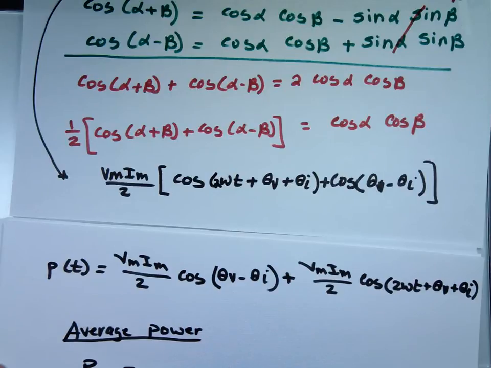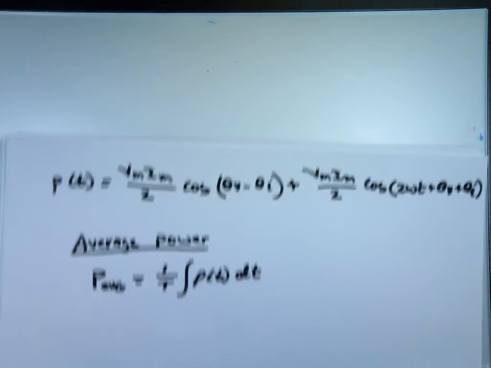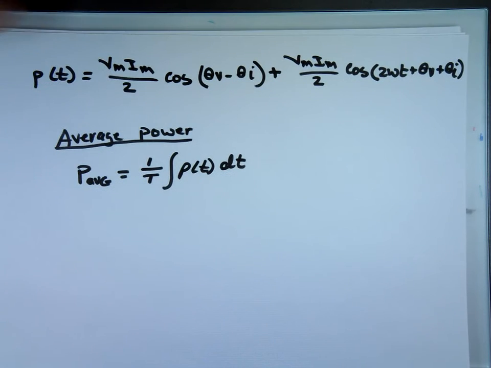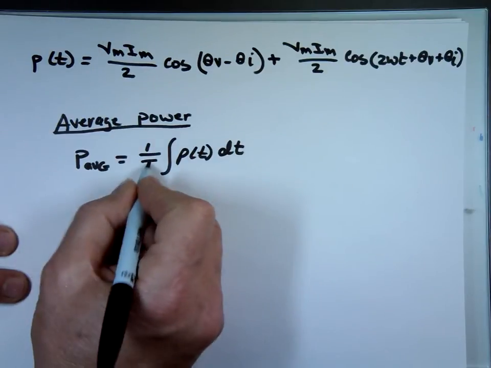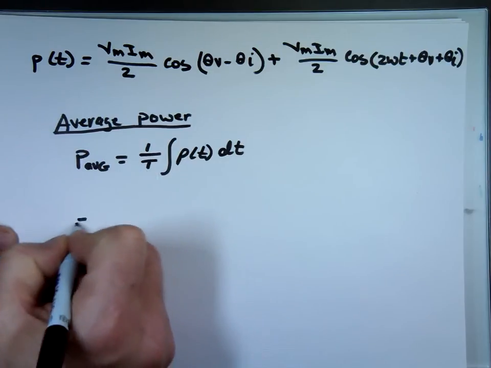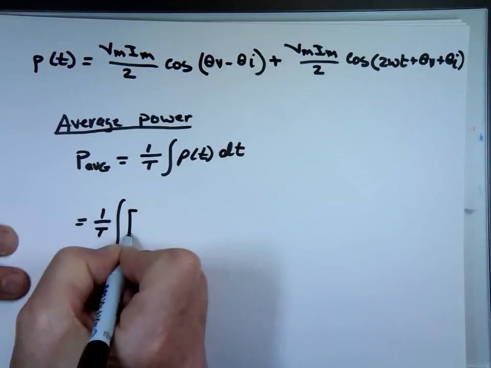It is 1 over the period times the integral of the instantaneous power. That's what the average power is. All of this to derive the equation I'm looking for. 1 over T, where T is a full period here. So it's 1 over T, the integral. Let's put in the instantaneous power.